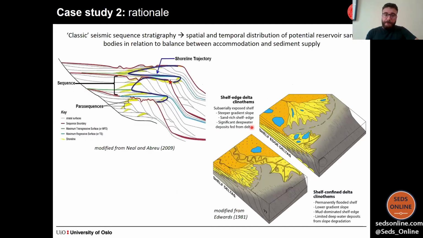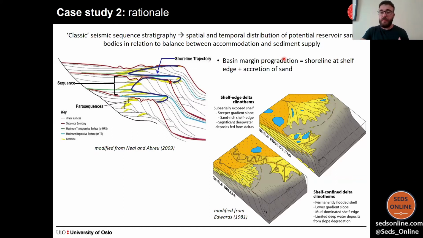So classic sequence stratigraphy was trying to study the spatial and temporal distribution of potential reservoir sand bodies in relationship with the accommodation and sediment supply. Some of these models, like the example we see here, suggest that basin margin progradation occurs when the shoreline arrives at the shelf edge and therefore links this to the accretion of sand.